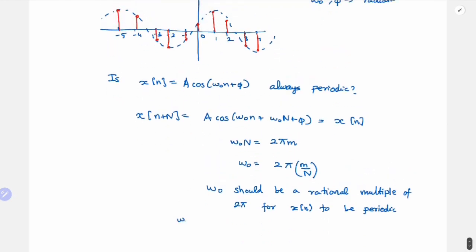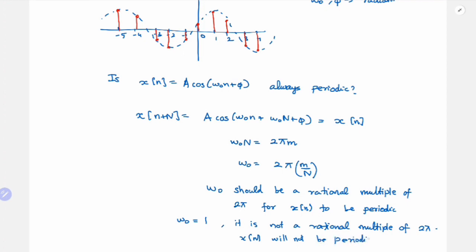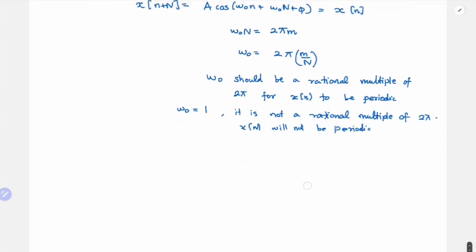So if omega naught is just some 1, it is not a rational multiple of 2 pi, so x of n will not be periodic. Okay.